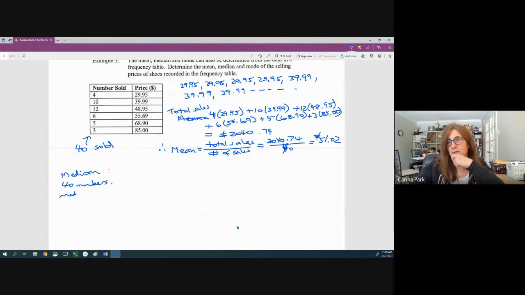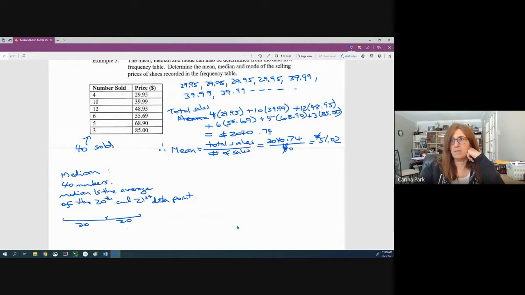So the median is the average of the 20th and 21st data point, right? Because I'm going to have 20, and then I'm going to have another 20, and the median is going to sit here. So it's going to be the average of those two.